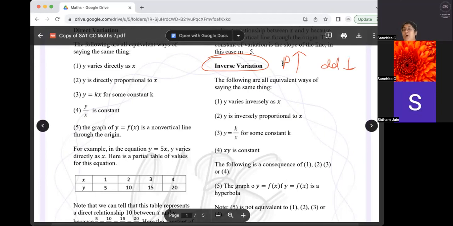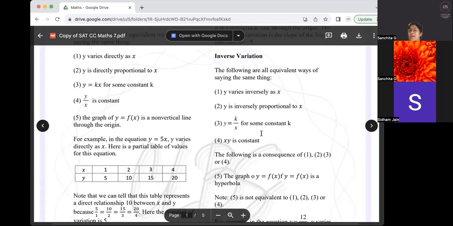Anything that goes in the opposite direction. If more people are working in the same job, that job is likely to be completed faster, right? If on a project I have 5 people and I increase it to 10 people, that project will be completed faster. So time and speed, inverse relation. Whenever two variables go in opposite directions, it's the inverse variation concept.